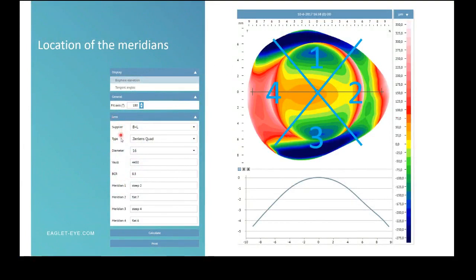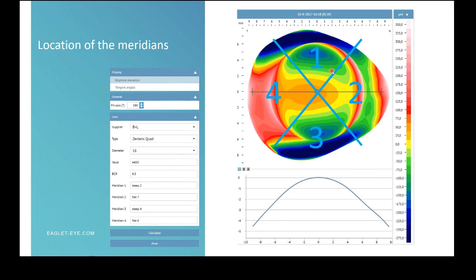So on the left side, you see the information we send back. Here it is predicted to use a vault of 4,450. Best base curve is 8.5. Meridian 1. I've been choosing a quad specific design here. So it's showing 4 meridians, and the 4 meridians are related like this.